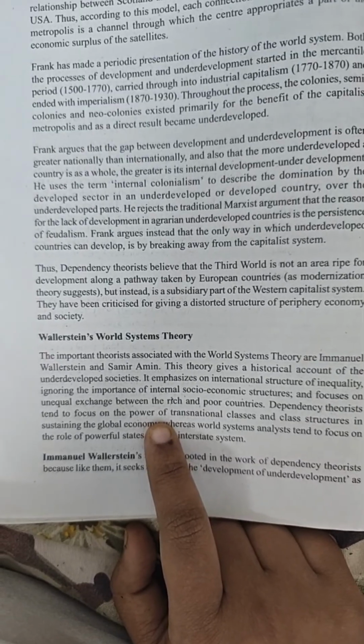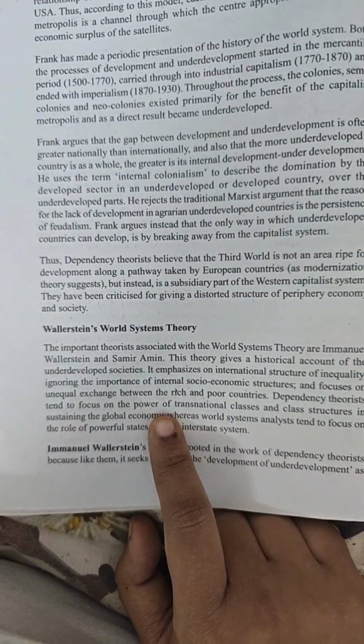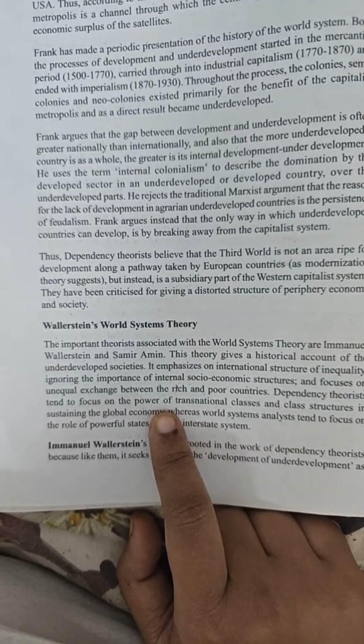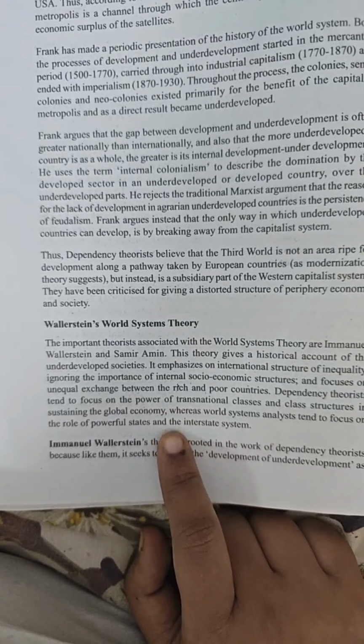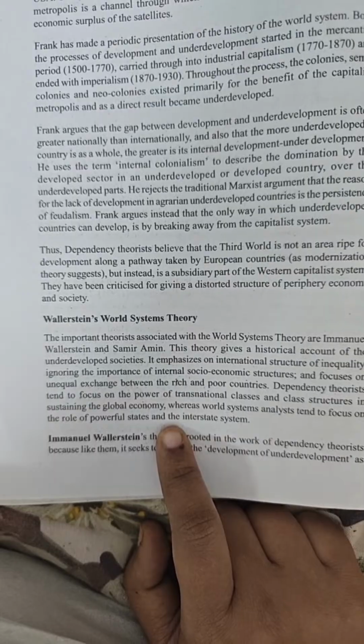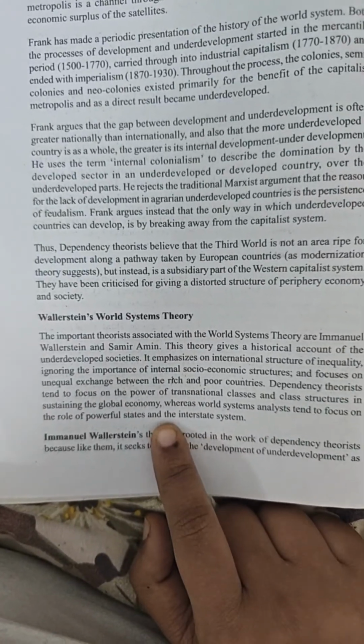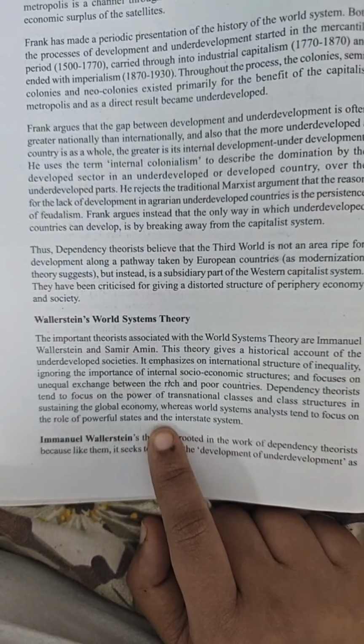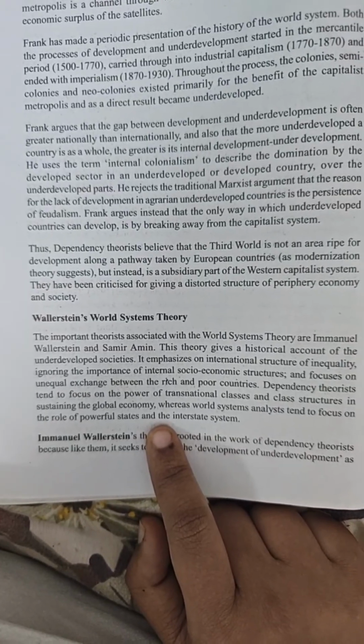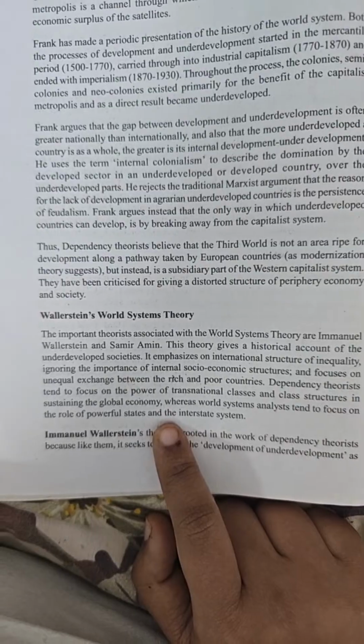Dependency theory tends to focus on power, transnational classes and the class structure that sustains the global economy, whereas world system analysis tends to focus on the role of powerful states and the inter-state system.